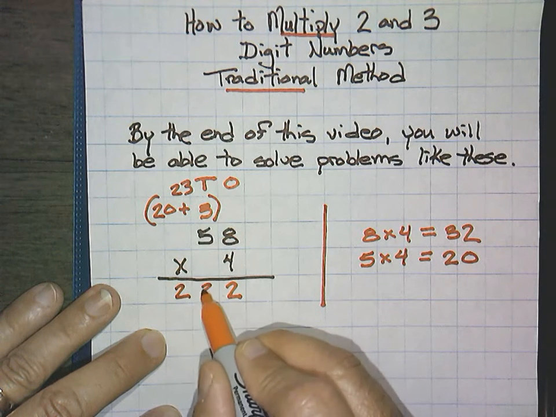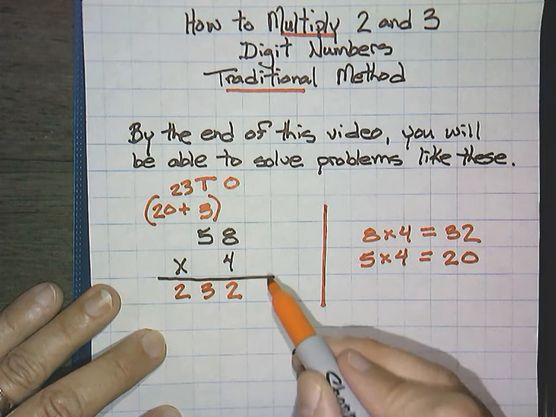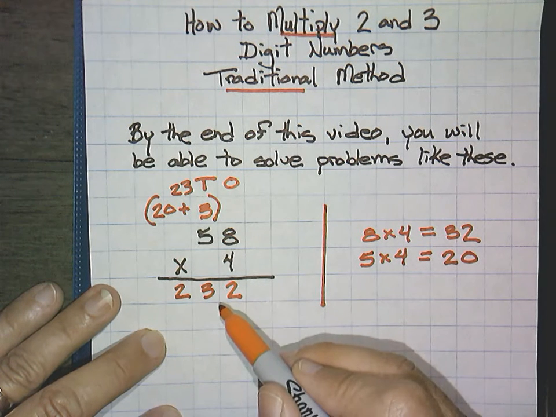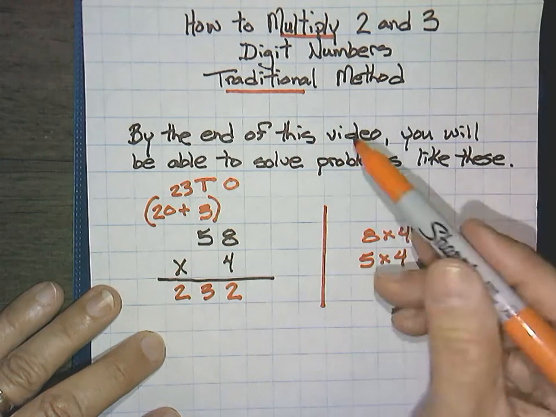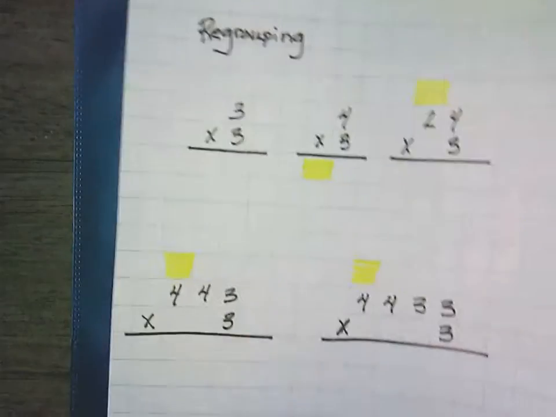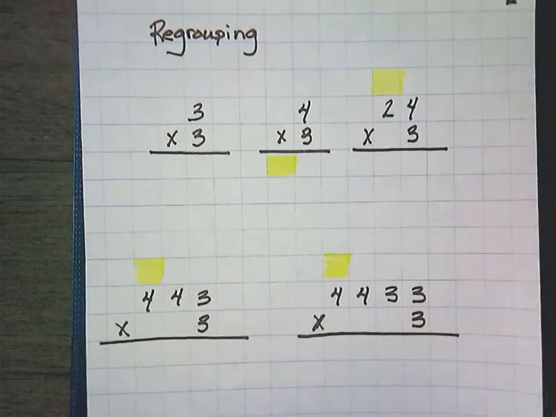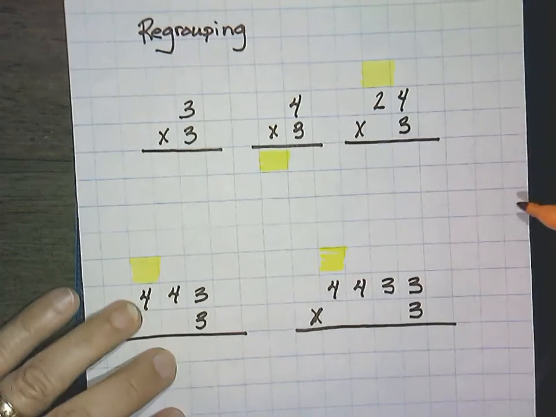And so when I write that, my answer would be 232. Or in other words, 58 times 4, the product is 232. And that's using a traditional method or a standard algorithm that involves regrouping. So I just wanted to take a minute or two and explain that.